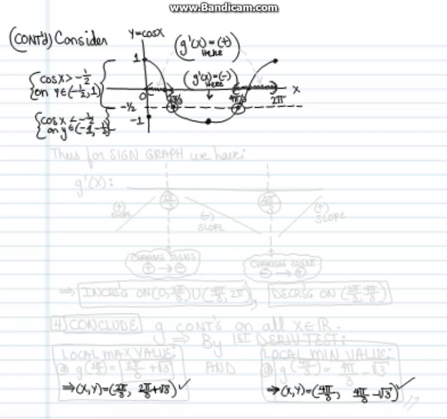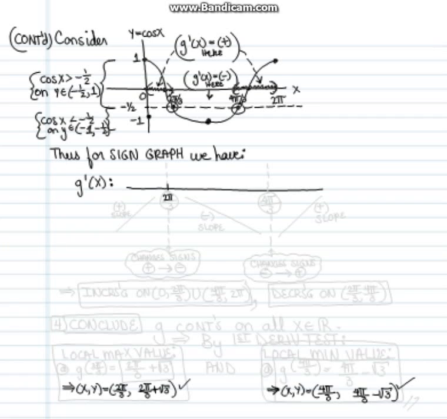And then we have g prime of x equal to a positive in the regions to the left and right of that, from 0 to 2 pi over 3 and from 4 pi over 3 to 2 pi. All right, now I'm reviewing your whole trig class here, so if you're rusty on this, you go back and look it up in your trig books. I don't want to reteach you trig, so you go back and review this.